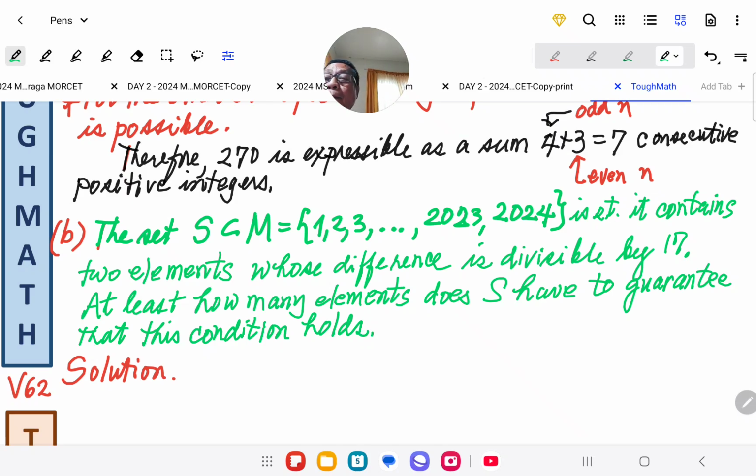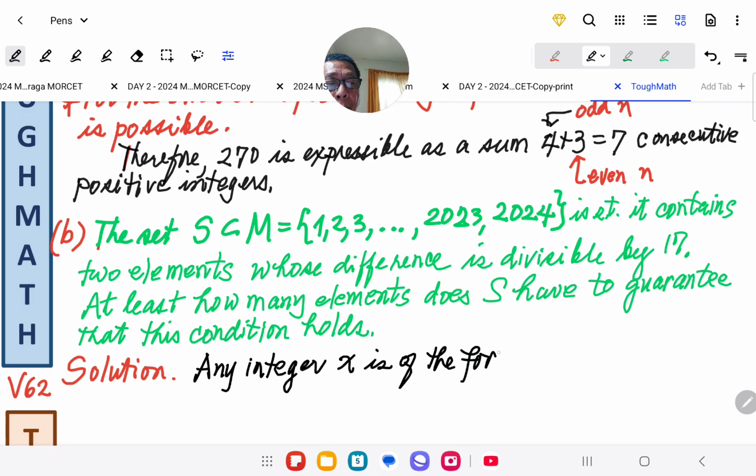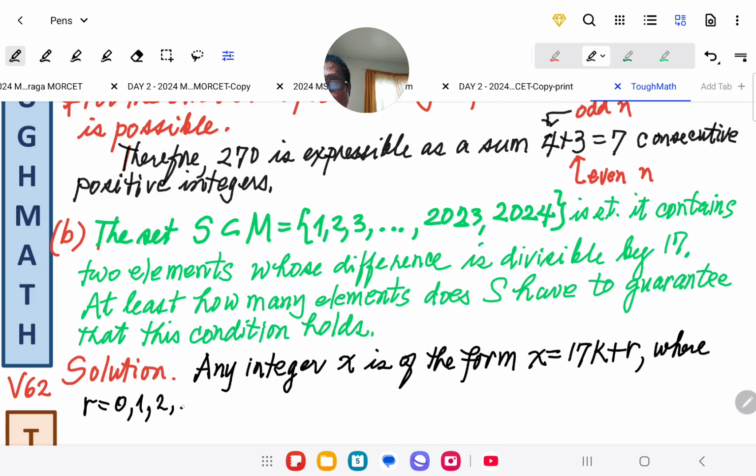Okay, now any integer x is of the form 17k plus r, where r is equal to any one of the numbers 0 to 16, and k is an integer.